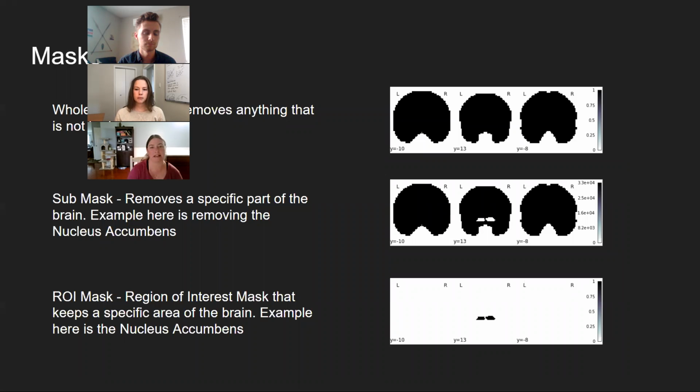For the masking, we had 3 different approaches to pulling out the voxels we were interested in. We took a whole brain mask, which took only voxels that exist within the whole brain.